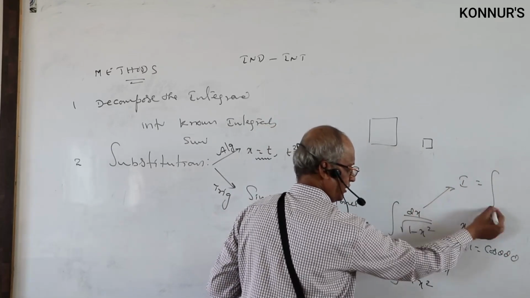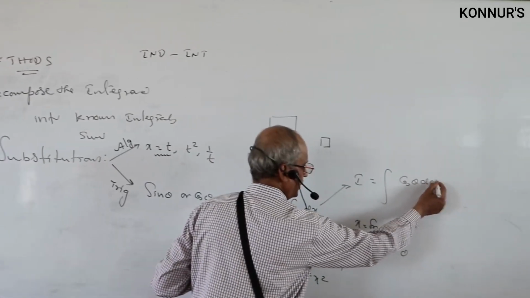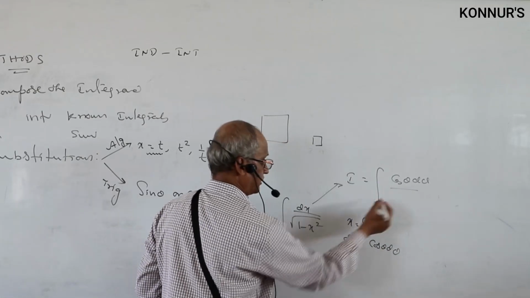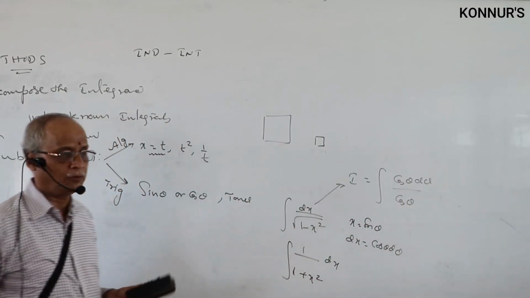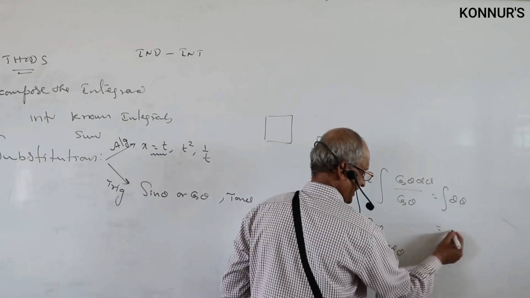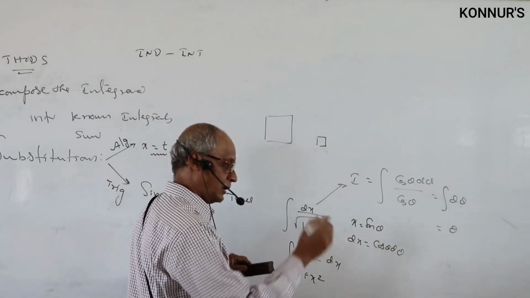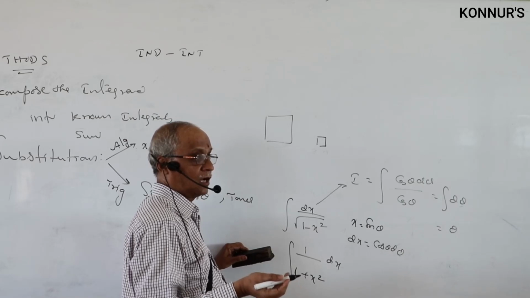I is equal to, now what is the dx value? Cos theta d theta. 1 minus sin square is also cos theta only. Cos theta is cancelled. Therefore, what is the integral of d theta? The integral of d theta is equal to theta. Then the answer is not finished, only the solution is completed. Why do I say the answer is not finished?